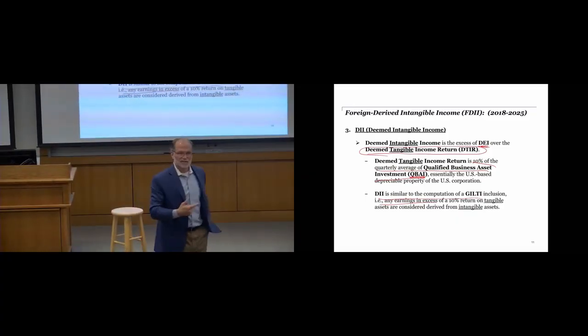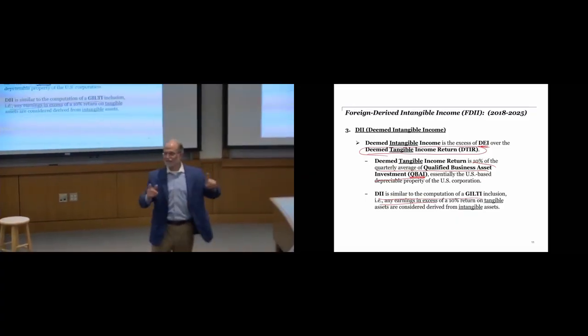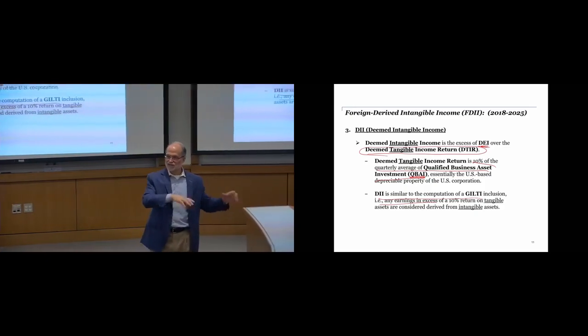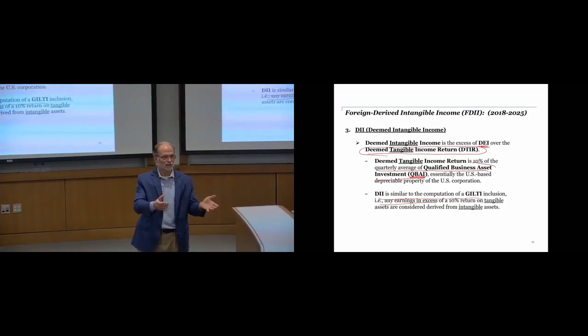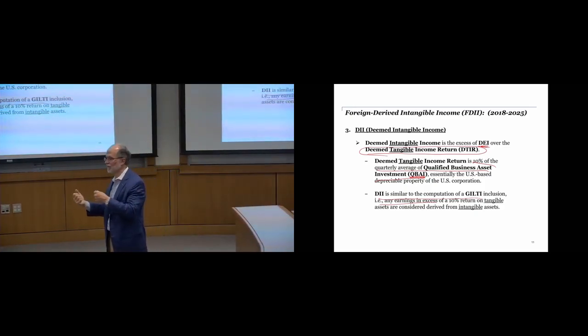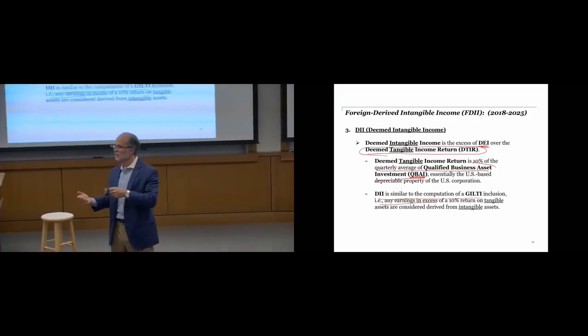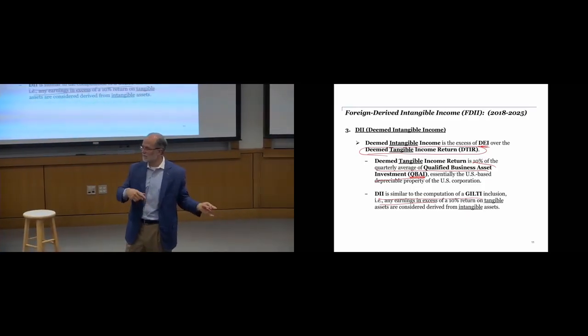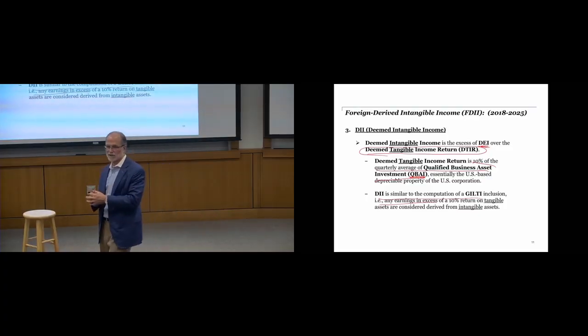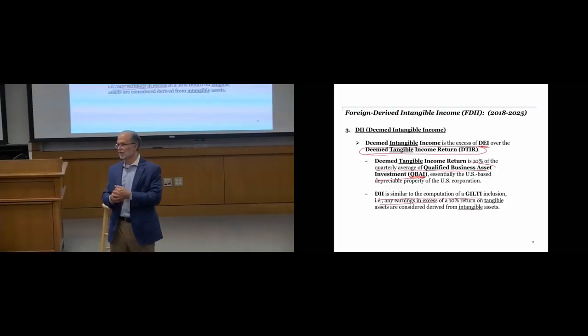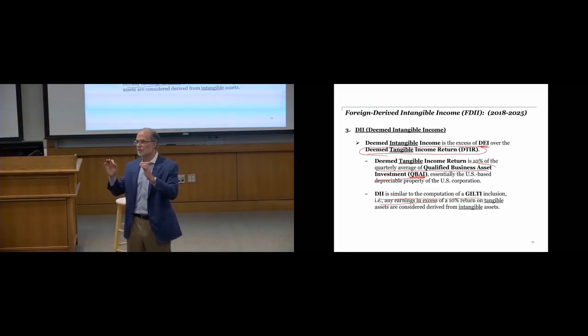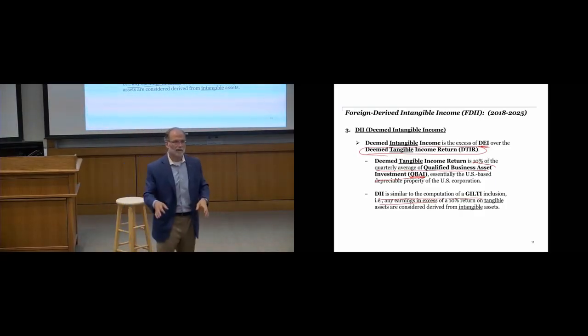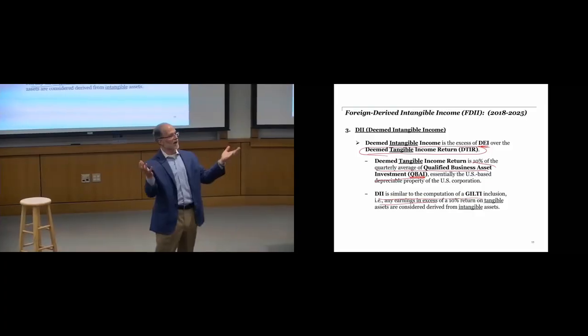So, just like the One Big Beautiful Bill changed that oddity in the GILTI regime by taking out the 10% tangible asset return, you'll find when we get to the new version of this regime, we pulled out the 10% deemed tangible asset return, meaning the base is higher. We're going to let all the income.